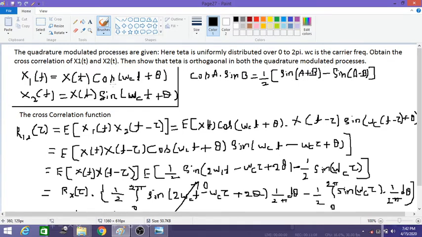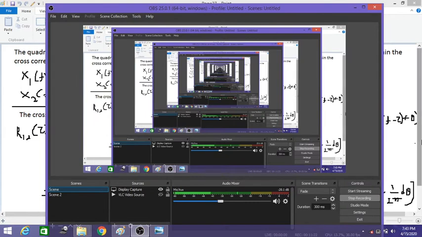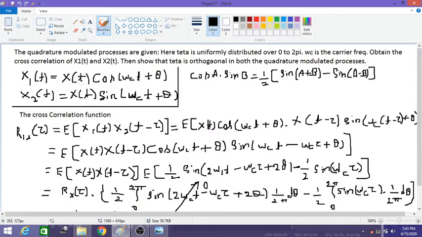So here we have to find the cross correlation function of two different processes, x1 of t and x2 of t. The definitions are: x1 of t is equal to x of t into cos of omega c t plus theta, and x2 of t is equal to x of t into sine of omega c t plus theta.